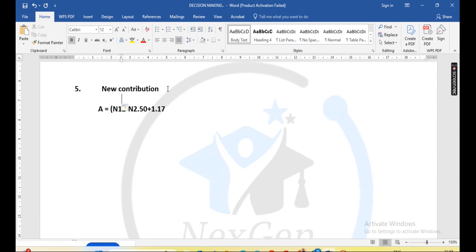Selling price minus variable cost, the two variable costs given to us, times the units. 500 units, right? Class, 500 units, right? Yes, 500 units. So what do we have?